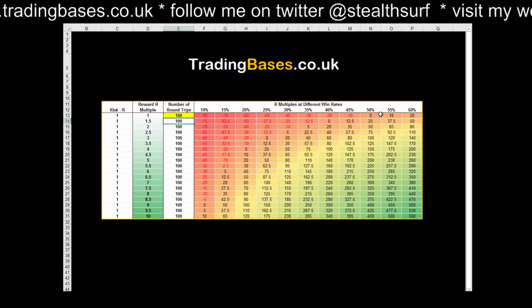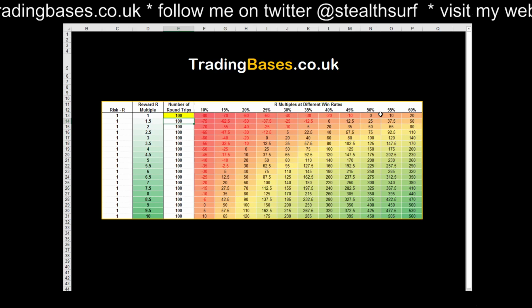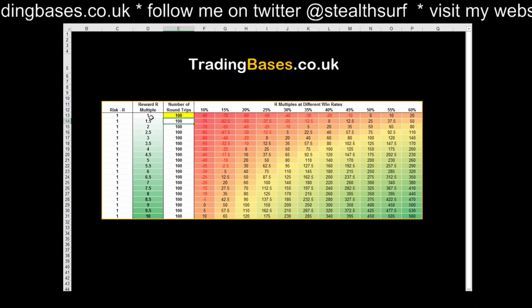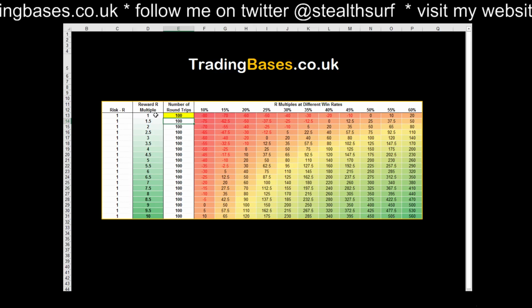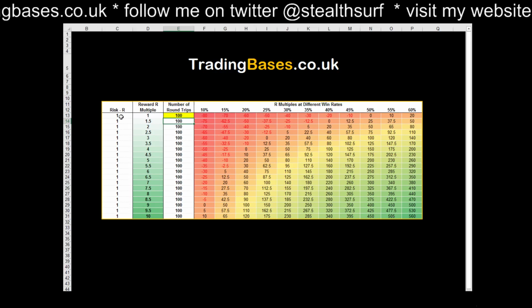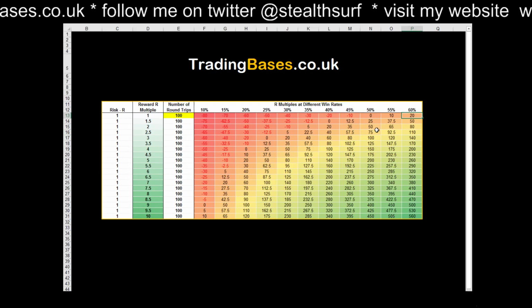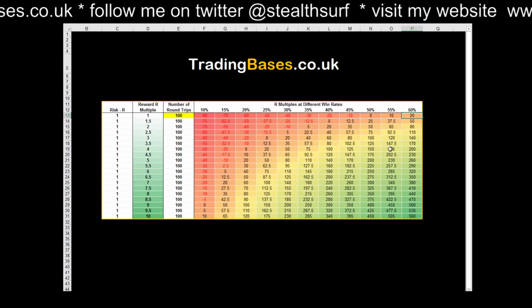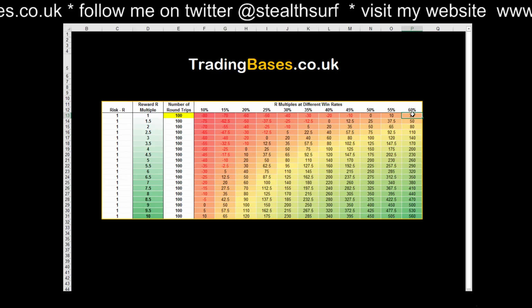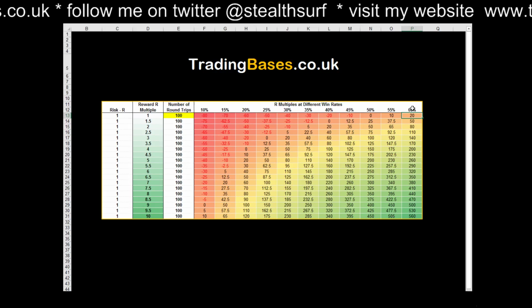That is basically what happens there. If you're right 1 and you're wrong 1, your reward to risk is 1-to-1. Over 100 trades, you're going to put 20% on the account if you're right 60% of the time.